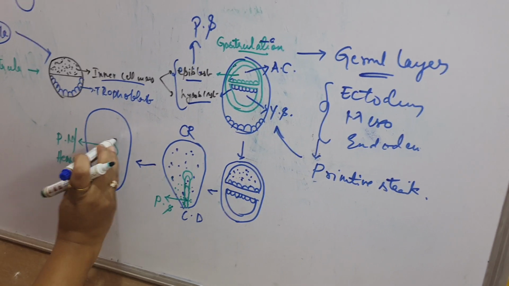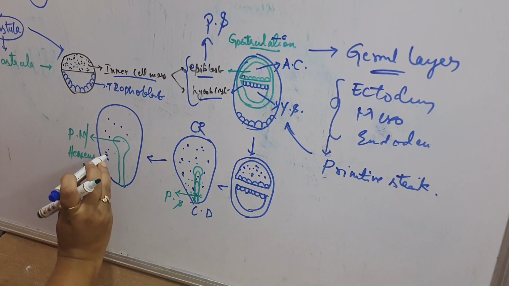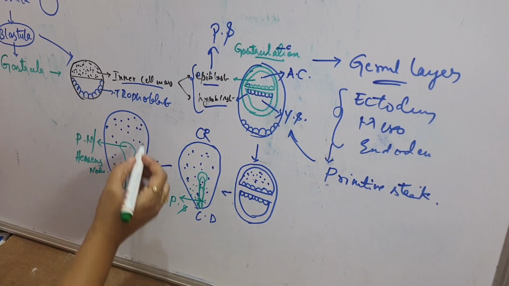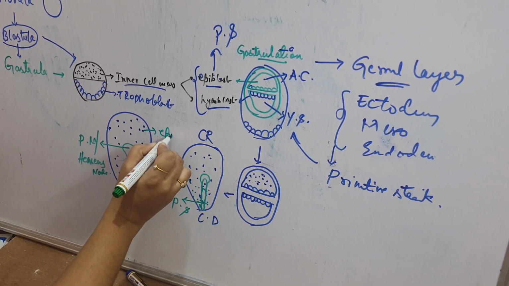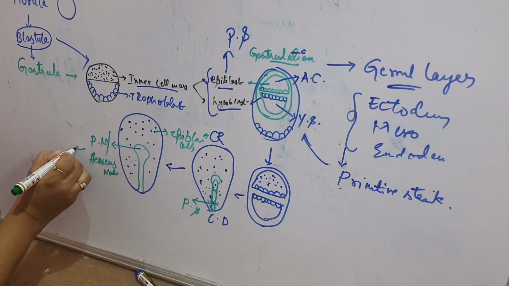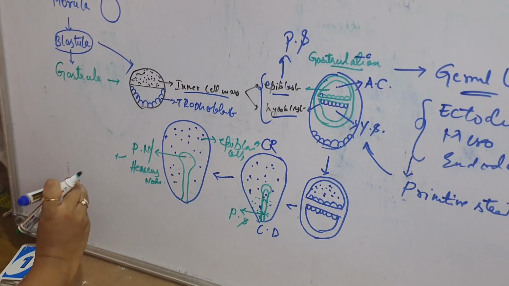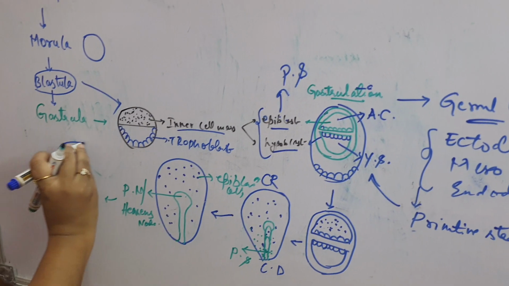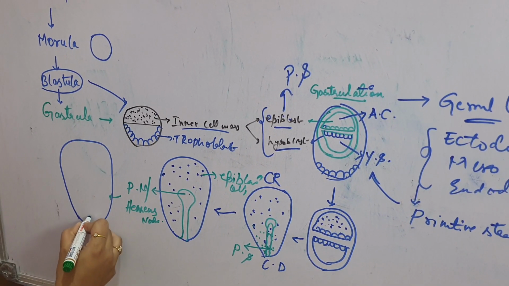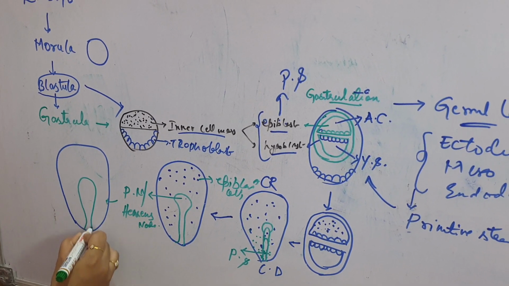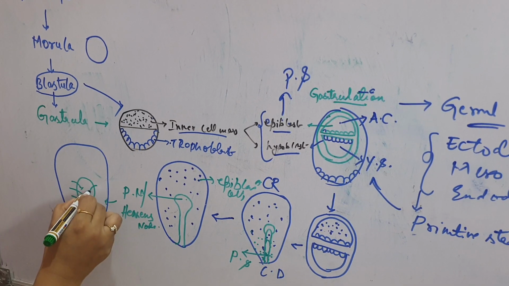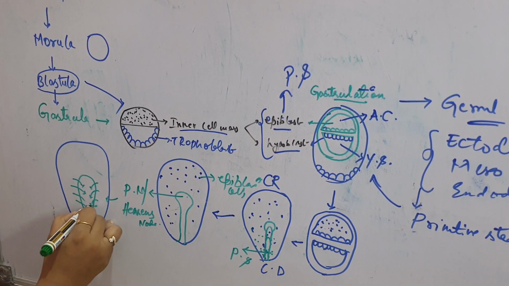Now this is all surrounded by what cells? Epiblast cells. So this is how your primitive streak is formed. All these are epiblast cells. Next, what happens here? All these cells of the epiblast will slowly invaginate inside the primitive streak.